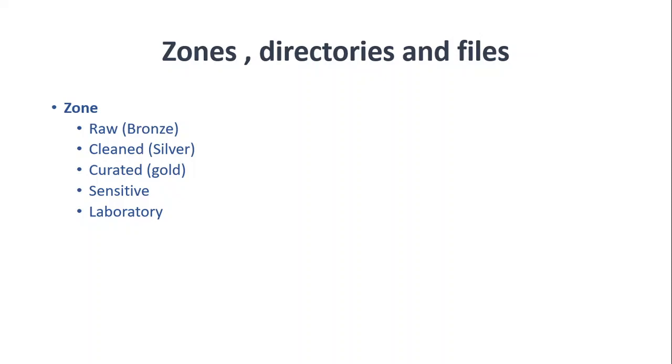Raw, also known as the bronze zone, is the location where the raw data lands from the various applications, and this should be immutable. That means once data has landed, it should be locked down with only read-only permission, so users won't be able to manipulate the data.